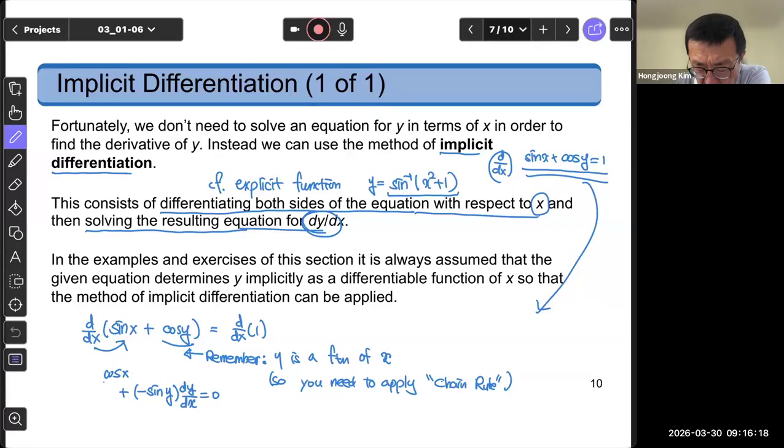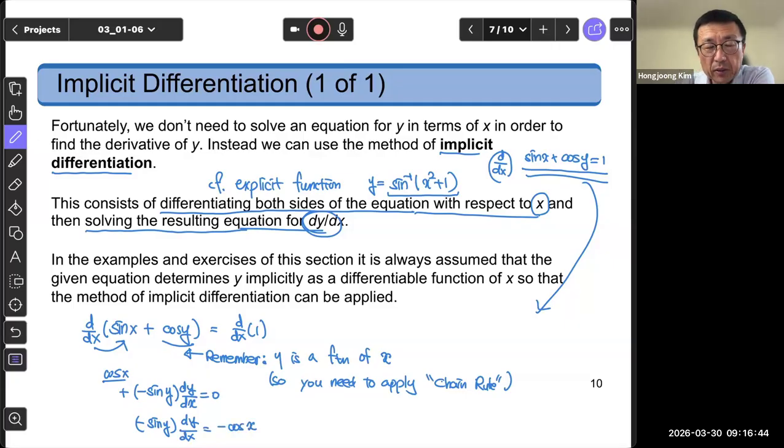Now, cosine x doesn't have dy dx, so you move that cosine x to the right hand side while you keep negative sine y dy dx on the left because it has a dy dx. So in other words, you get negative sine y times dy dx equals negative cosine x.